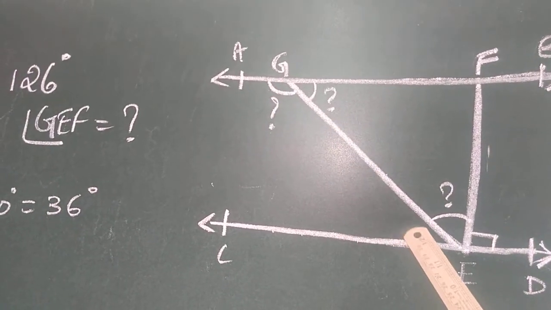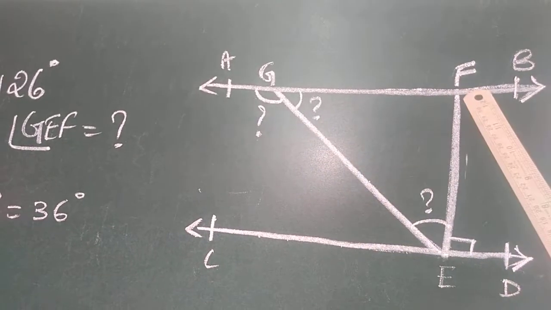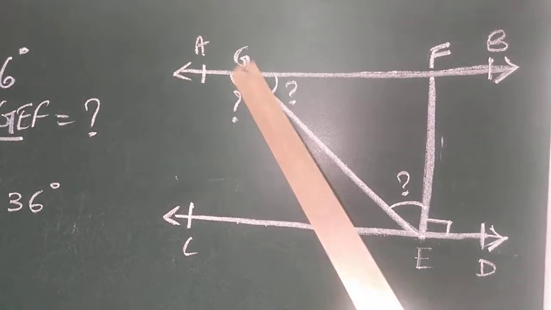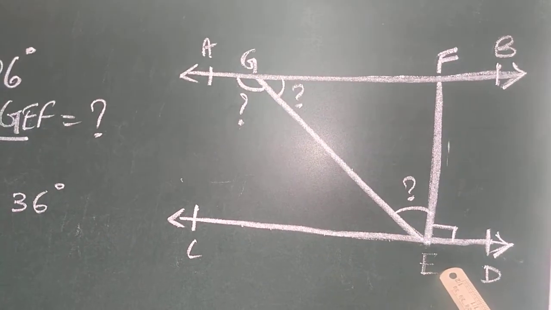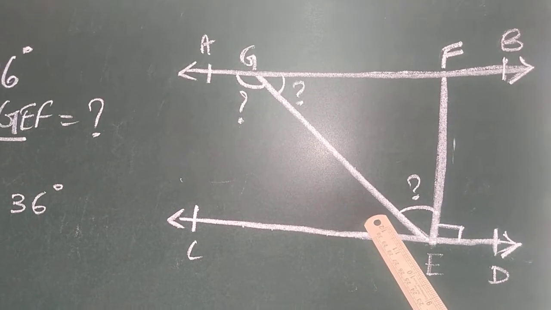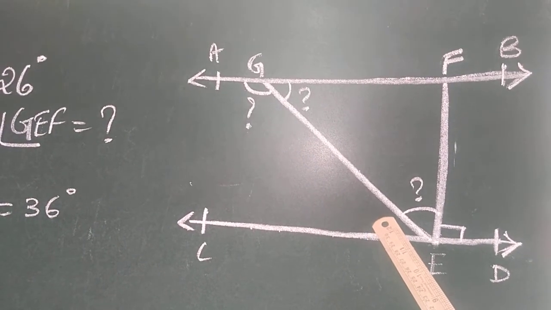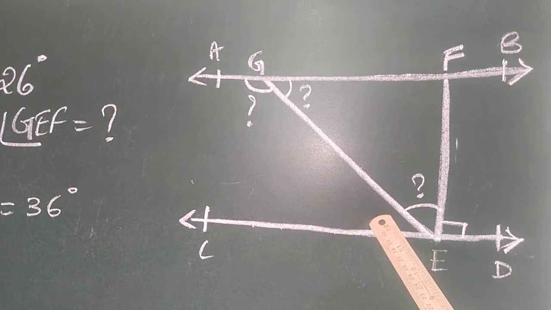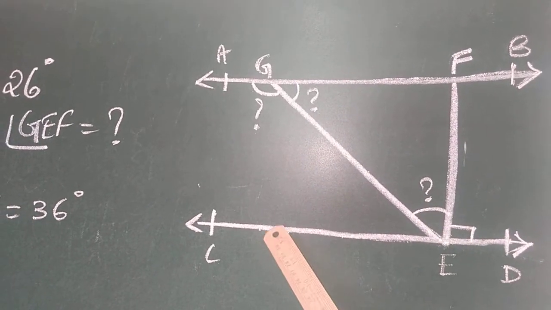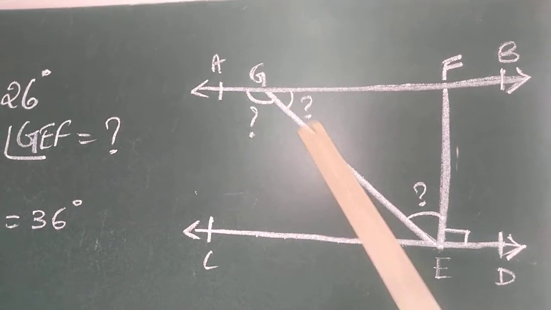Why are they supplementary? Already they have given in the question AB is parallel to CD and GE is a transversal. Then the sum of co-interior angles, that means the angles lying on the same side of the transversal, is 180 degrees. Hence, when I subtract GEC from 180 degrees, I will get AGE.